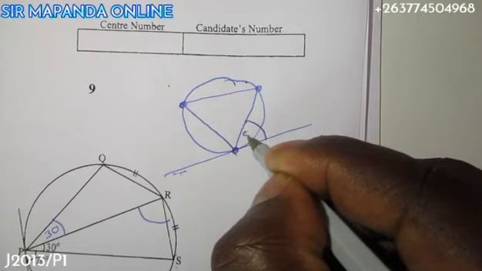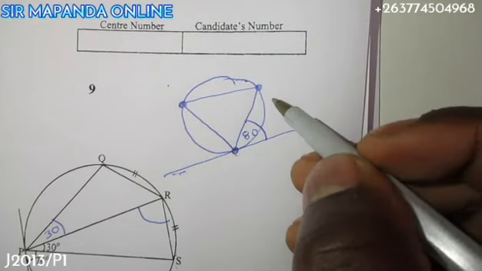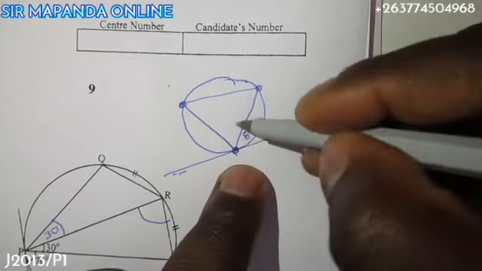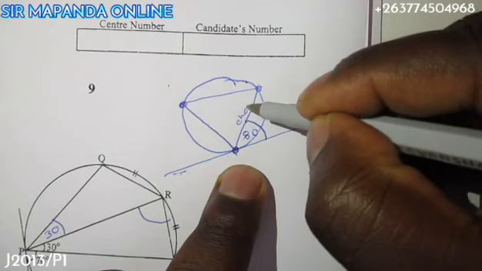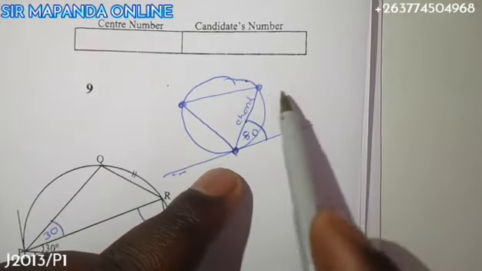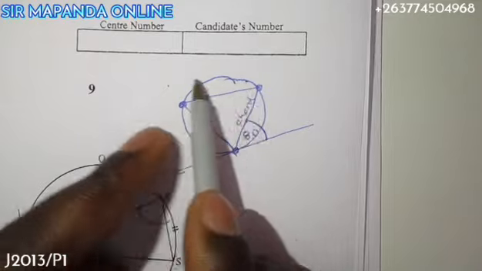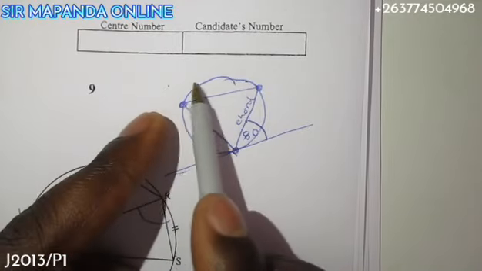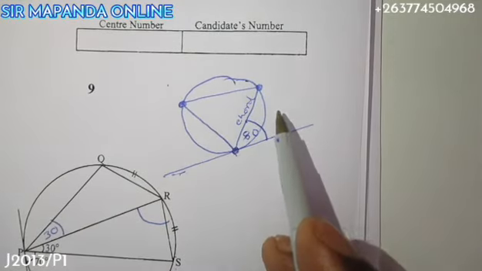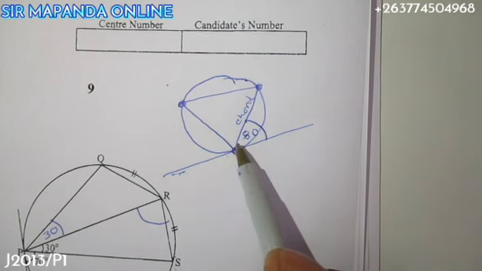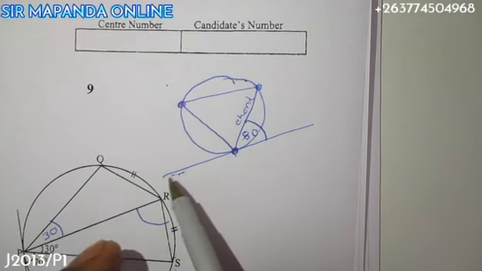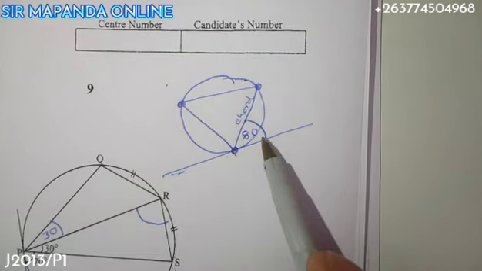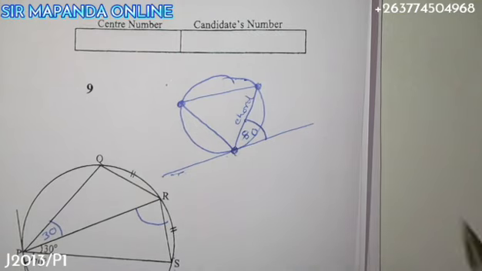Let's say this angle is 80 degrees, right? And this is representing a chord, right? So the region above this chord is known as the alternate segment. So we simply say the angle at the point of intersection between the cyclic triangle and the tangent is equivalent to the angle inside the triangle.